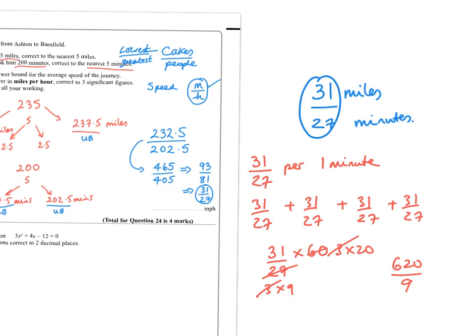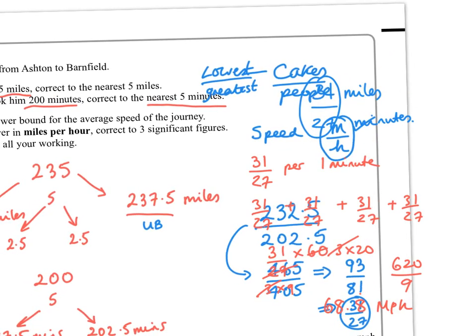And then I'll use my calculator here. 620 divided by 9 gives me 68.8 recurring miles per hour, but it wants the answer correct to, I believe, 3 significant figures here.